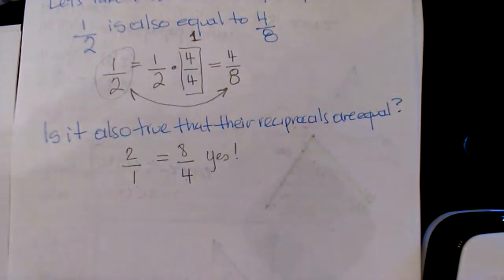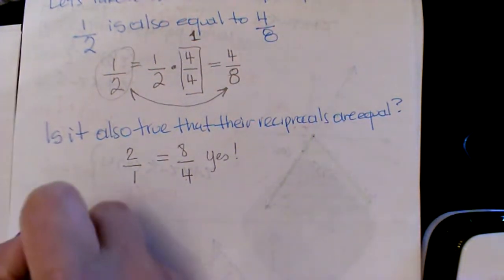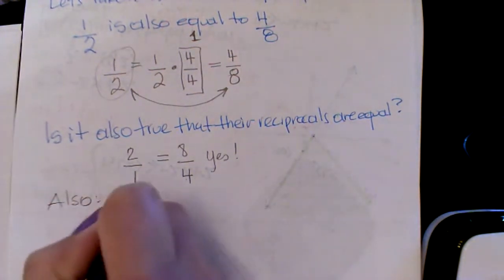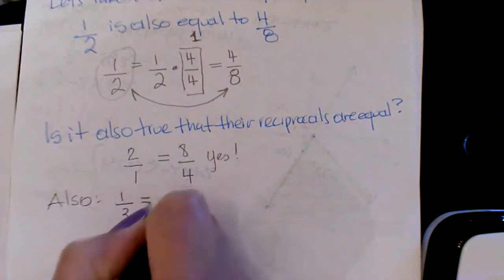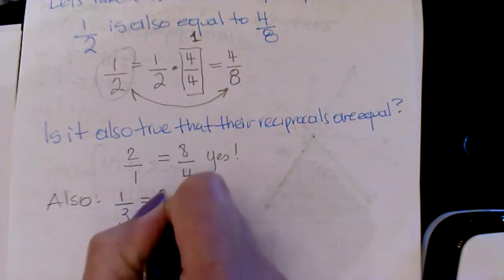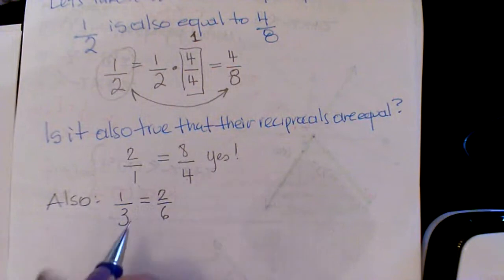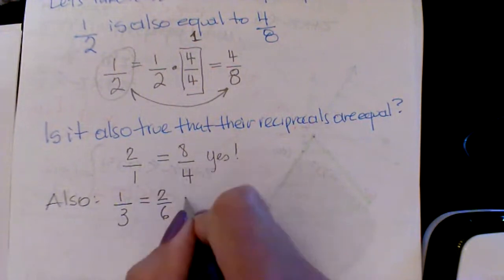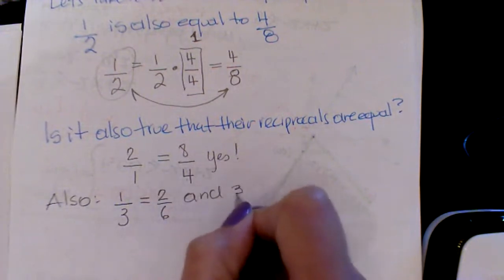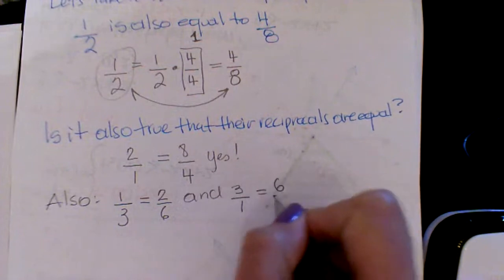And let me give you another example. If we have 1/3, 1/3 is equal to 2/6. We multiply by 2. And 3 over 1 is the same as 6 over 2.